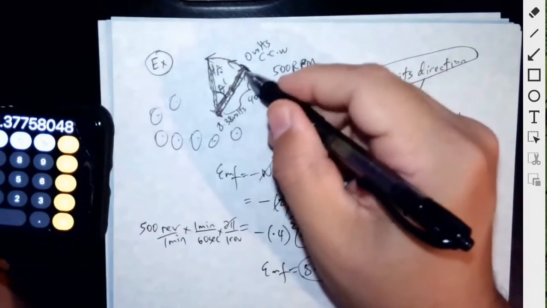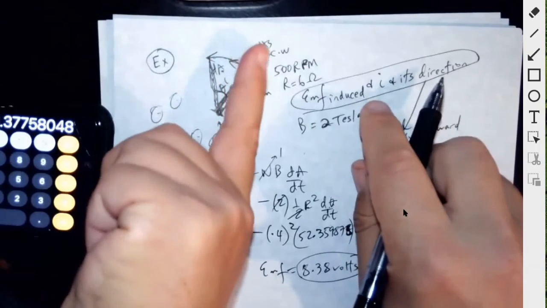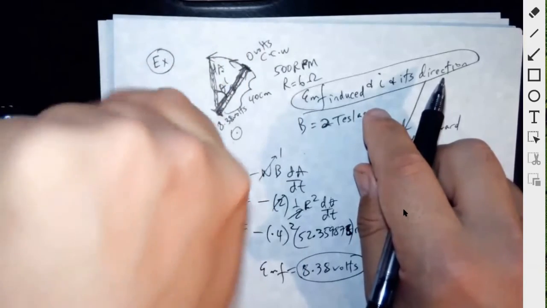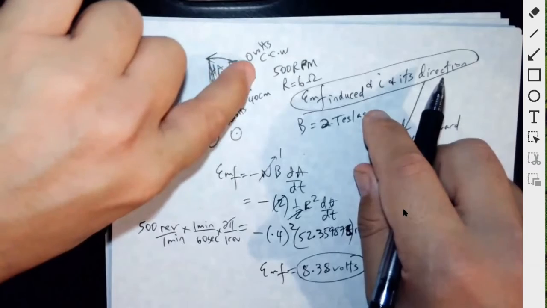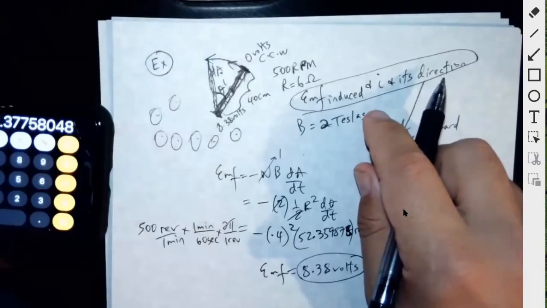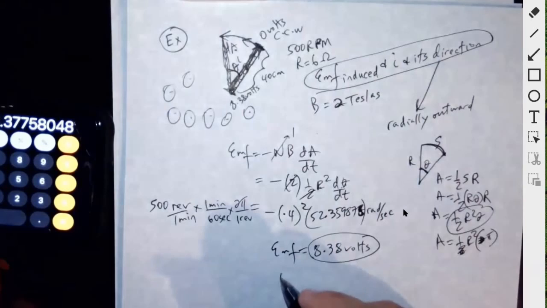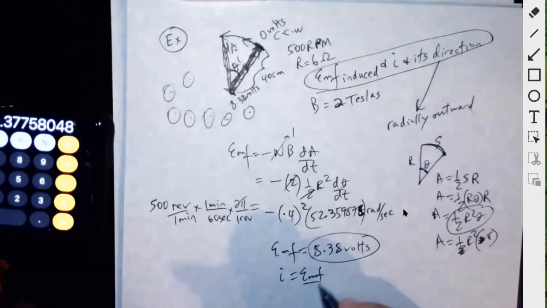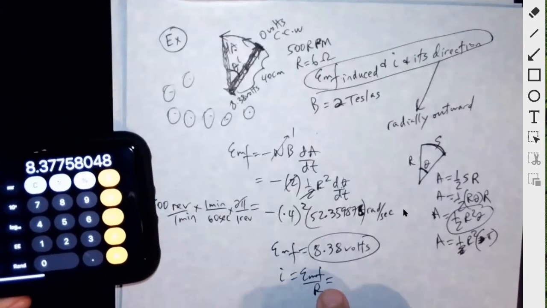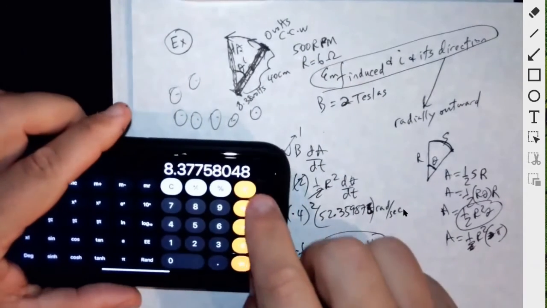Even though the rod doesn't really make a loop itself, it kind of makes a loop, because as it's going this way it sweeps out an area. If you think about it, it's making a loop with itself. So the current is flowing outward, and the magnitude of the current is the EMF over the resistance, so just divide this by 6.